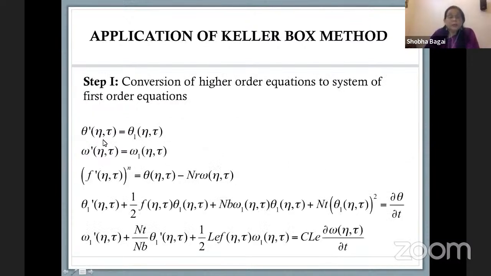So you introduce these new variables, which we call theta 1 and omega 1. Theta 1 is the first derivative of theta with respect to eta, and omega 1 is the derivative of omega, again with respect to eta. Once these two new variables are introduced, the three equations can be written in these forms.